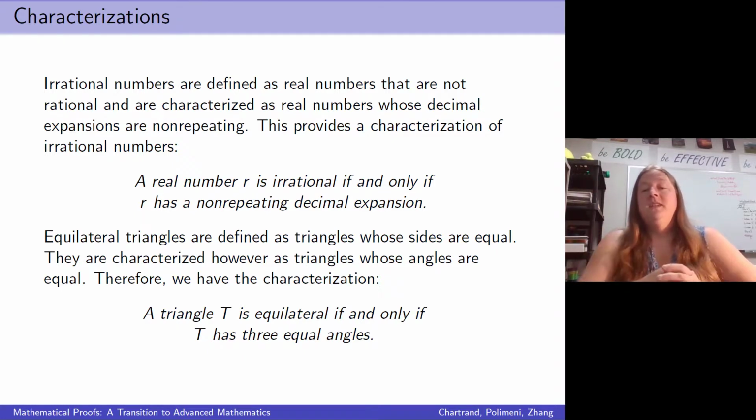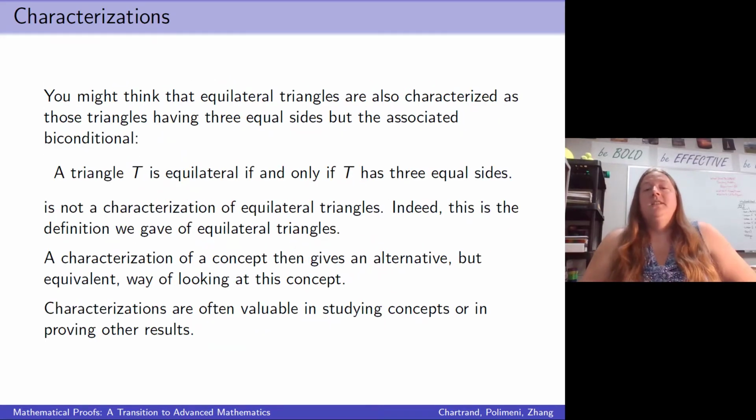So we have a triangle T is equilateral if and only if T has 3 equal angles. This biconditional is true, and so it is a characterization. It's important to note that if the open sentence is the definition, it's not a characterization. However, if it's something like an alternative definition, then it's in fact a characterization.